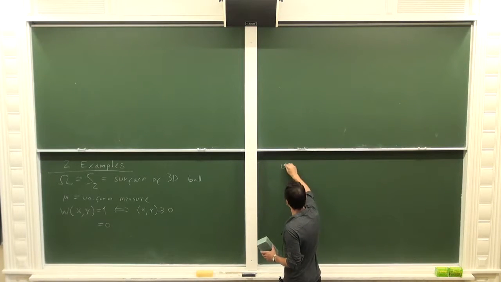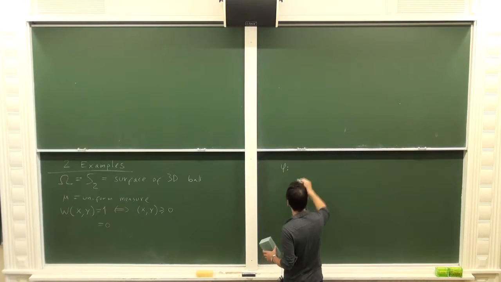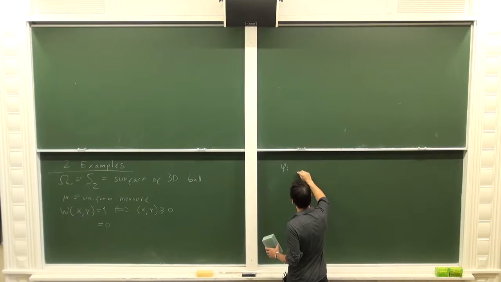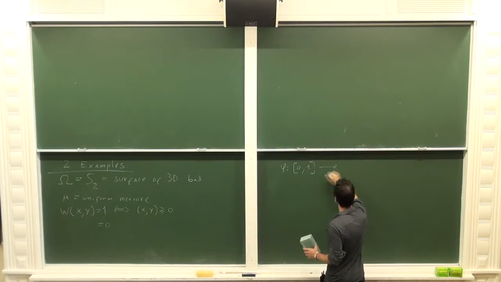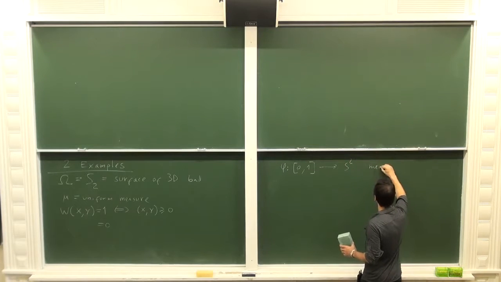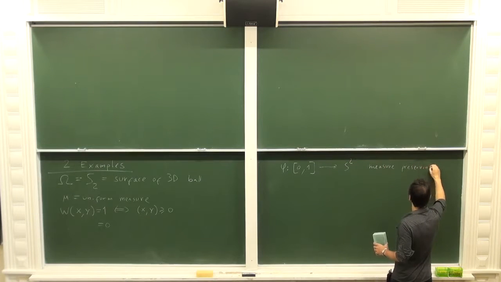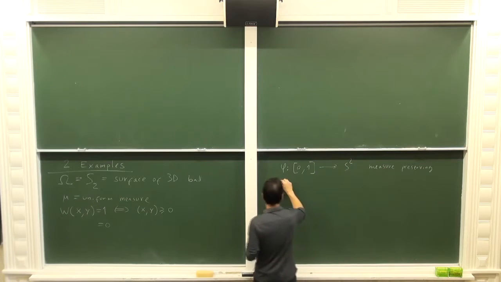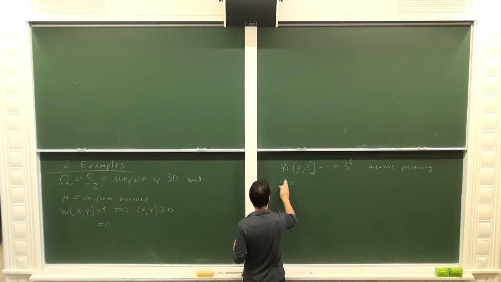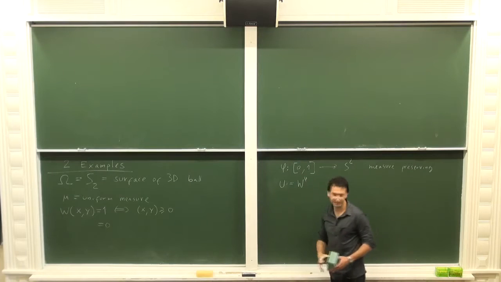So let us take a measure-preserving transformation from the unit interval to the sphere, and then I define not W but U as the graphon which is just W composed with this measure-preserving transformation.